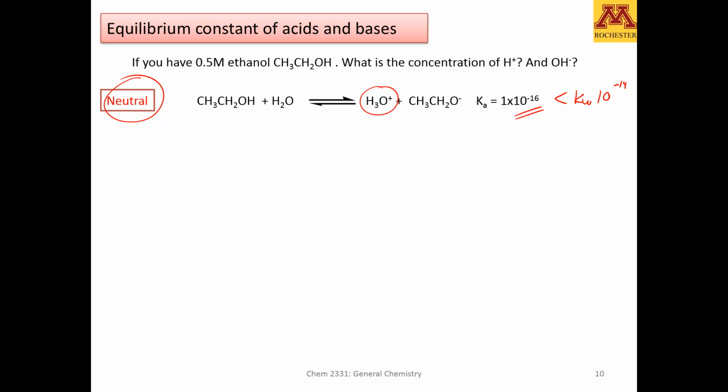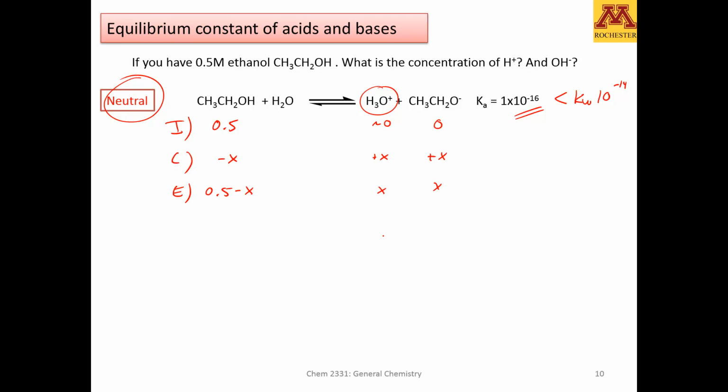So it will not change the concentrations that much. Even if you were to do the calculations, say initially you have 0.5 and at equilibrium, let's say this is pretty much 0, and let's see if that's true. Change: negative x, negative x, plus x, and plus x. So at equilibrium, 0.5 minus x, x, and x.